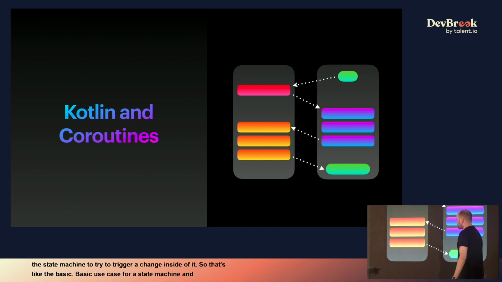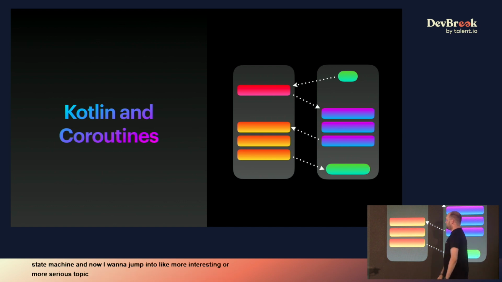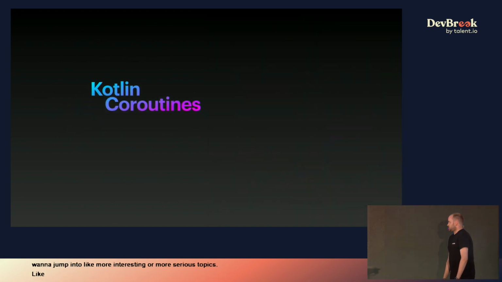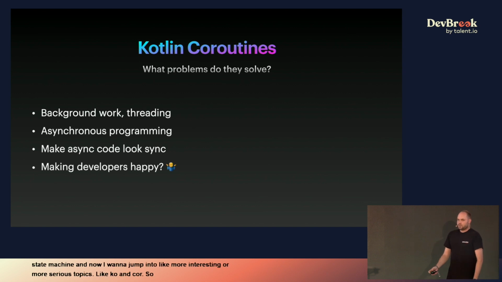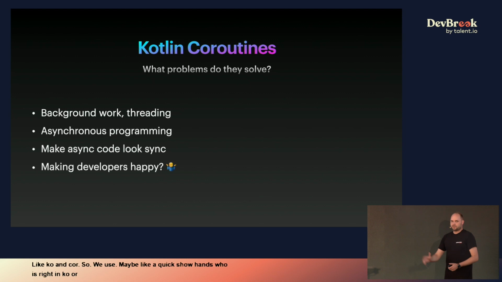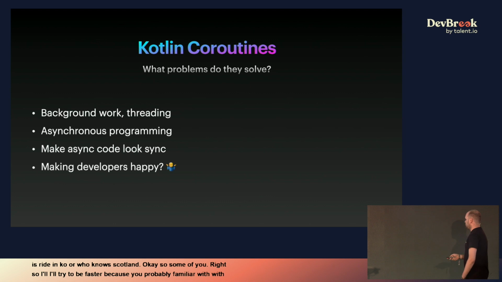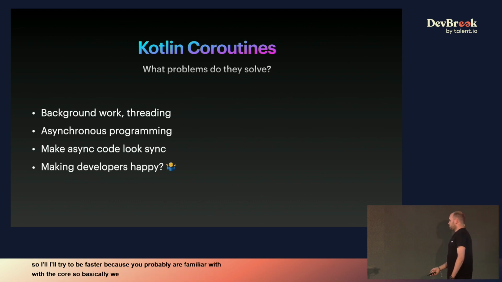And now I want to jump into more interesting or more serious topics like Kotlin and coroutines. Quick show of hands, who is writing Kotlin or who knows Kotlin? Okay, so some of you. Right, so I'll try to be faster because you are probably familiar with coroutines. Basically we use them for background work and for threading mostly.